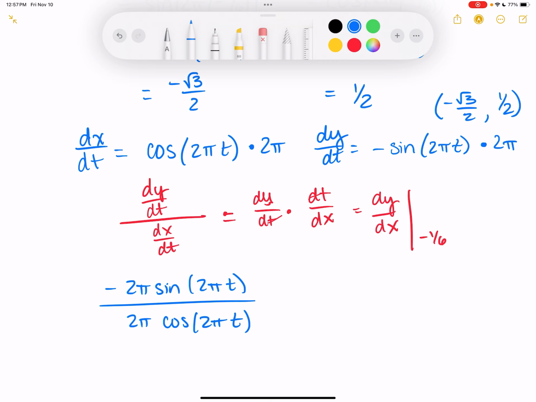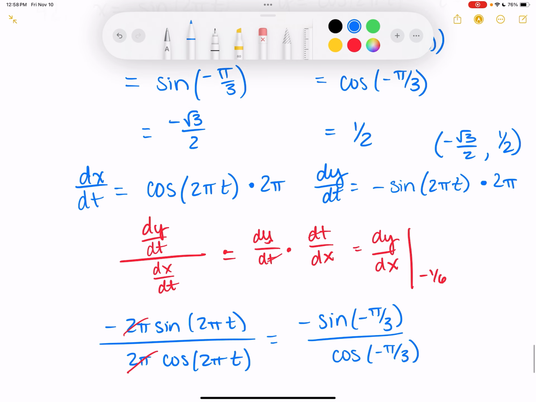The 2 pi's are going to cancel. Okay, then inside, now, all I have to do is replace t with negative 1/6. Okay, because that's what I had to begin with. So this is going to be negative sine of, that's going to end up being negative pi over 3, over cosine of negative pi over 3.